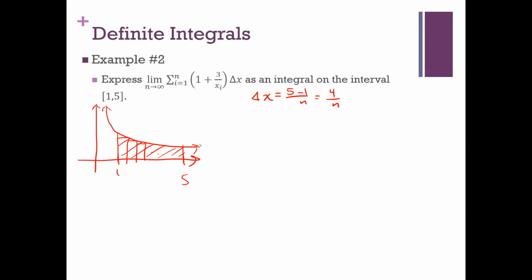But what do I want to do with n for that summation? It's going towards infinity. I want to make infinitely many rectangles, right?